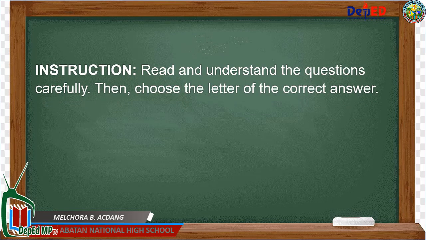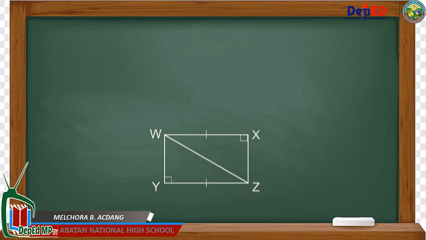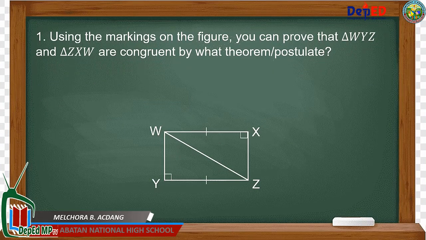Read and understand the questions carefully, then choose the letter of the correct answer. Number 1. Using the markings on the figure, you can prove that triangle WYZ and triangle ZXW are congruent by what theorem or postulate?